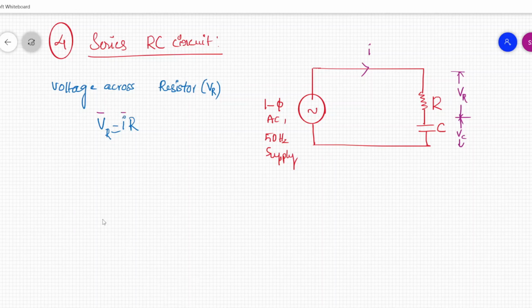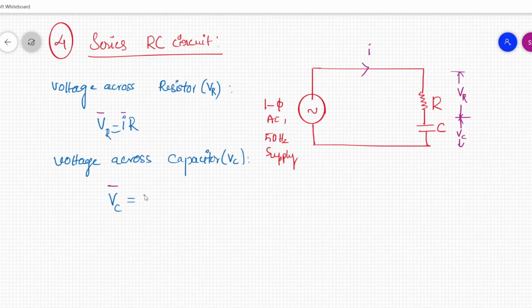Now let us see voltage across capacitor, that is VC. VC is also a phasor. Everything is a phasor now, because sinusoidal analysis is nothing but a phasor representation.